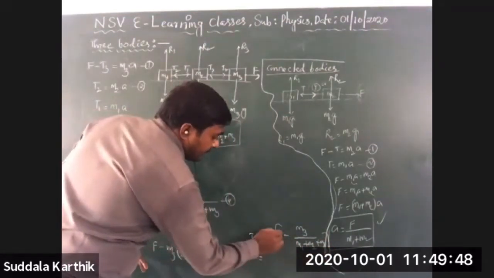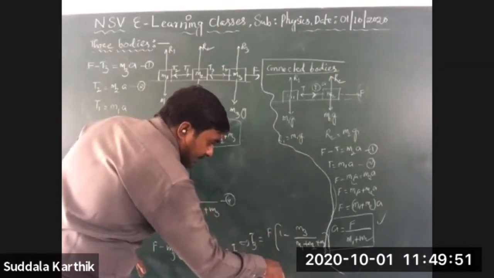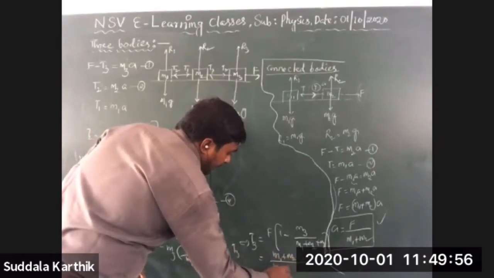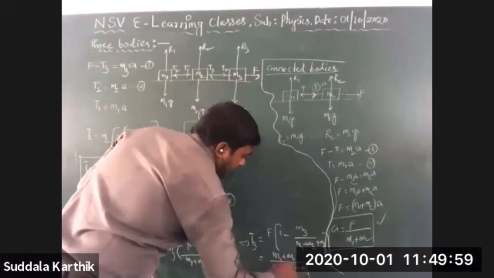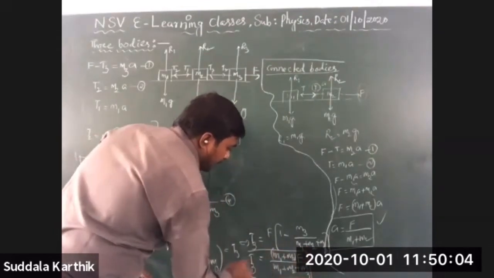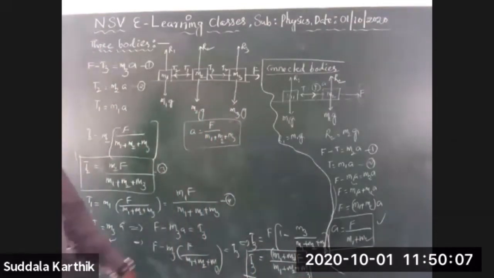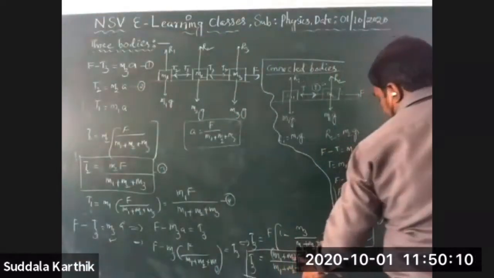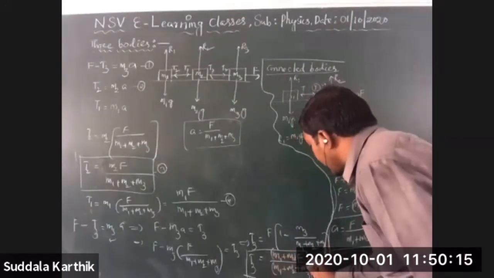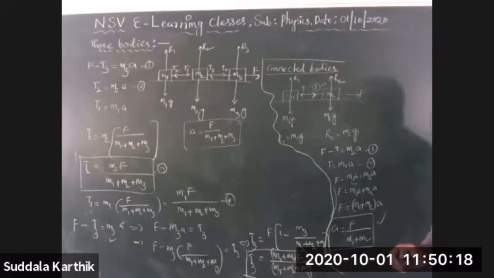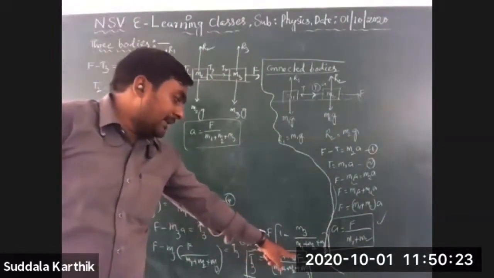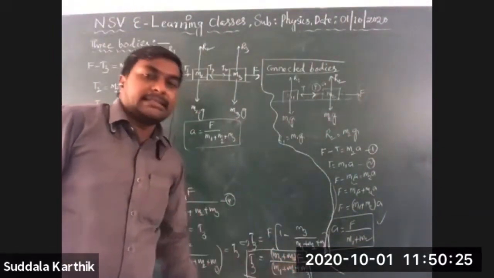That is M1 plus M2 plus M3 minus M3, M3 cancels. Then T3 is equal to M1 plus M2 into capital F divided by M1 plus M2 plus M3.